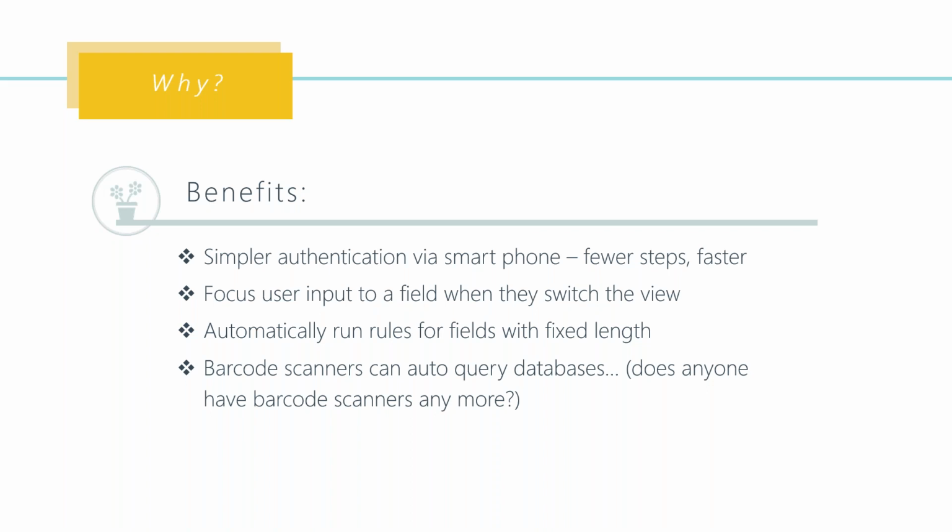That's also something you can do. And a scenario that we've used this for in the past, not in Forms Viewer, but in InfoPath, is for barcode scanners. We've had customers that wanted to scan barcodes in their forms, and this will allow you to do that without having to click or tap something after scanning it.